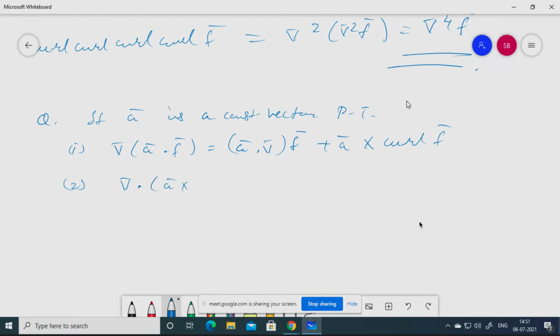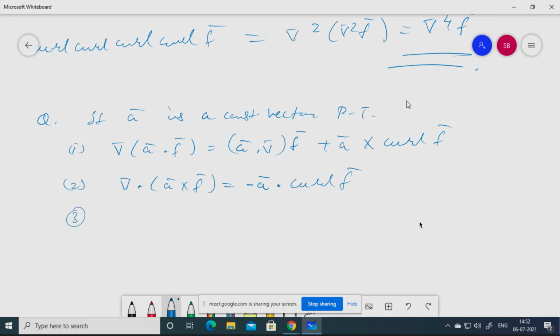Del dot A bar cross F bar is equal to minus A bar dot curl of F bar.